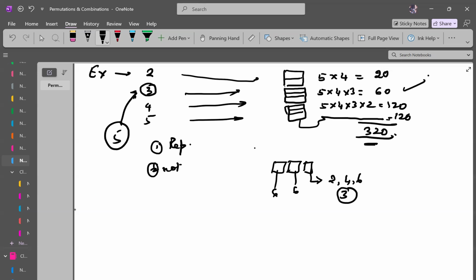Now, write down a very important point. This is the first of them. It is going to give you some insight into the formula which you're going to learn in the near future.